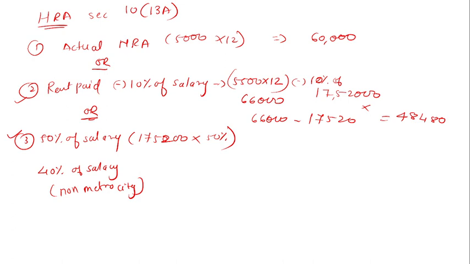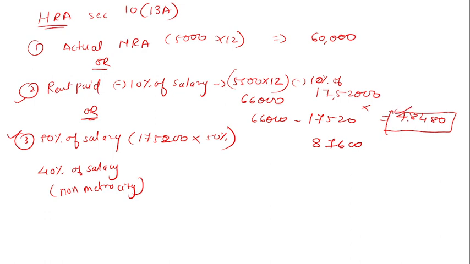Multiplied by 50%, we will get 87,600. So whichever is lower, in the second condition we will get a lower amount.